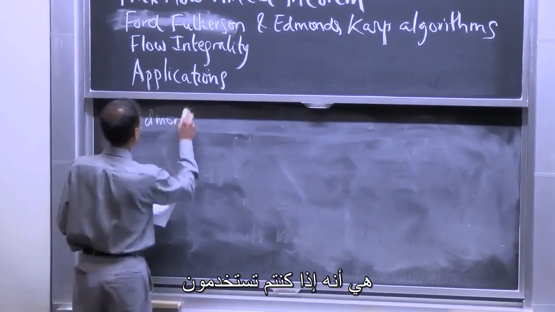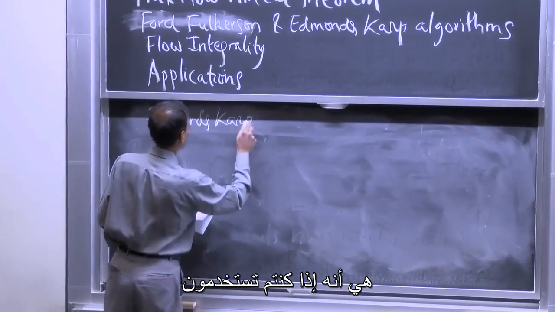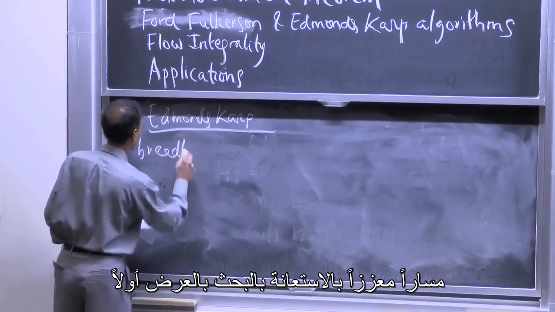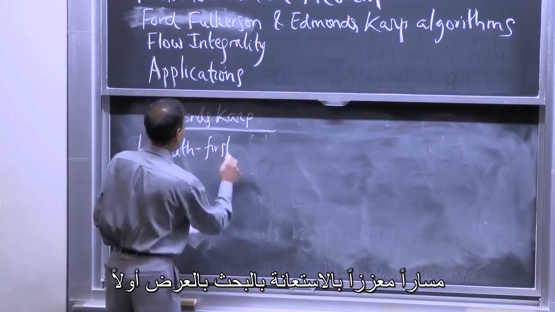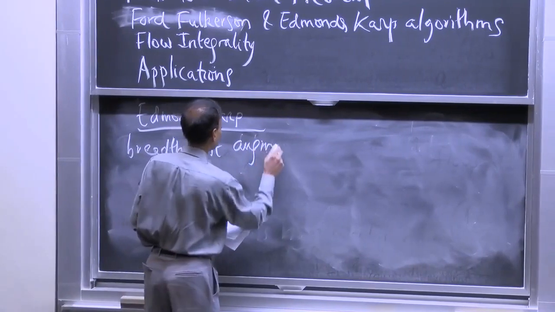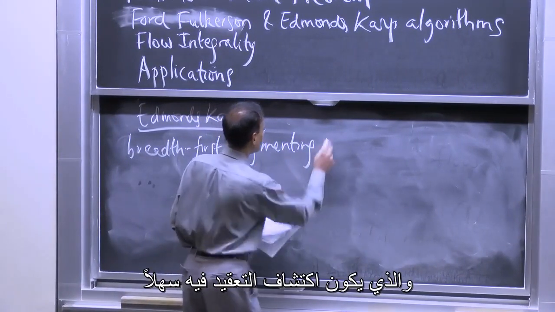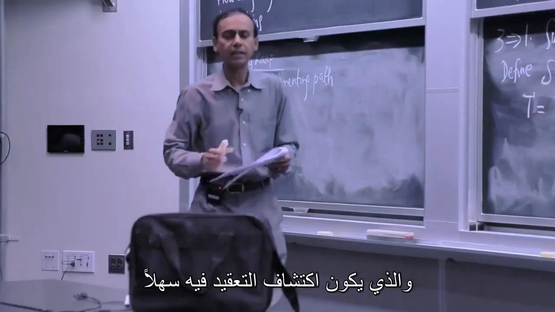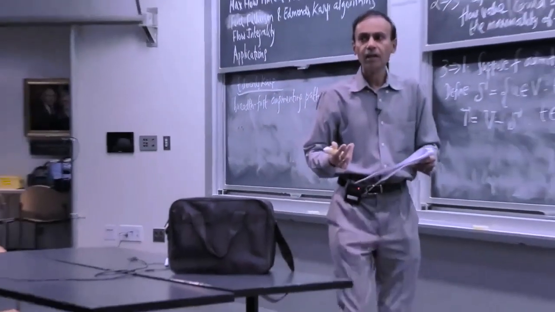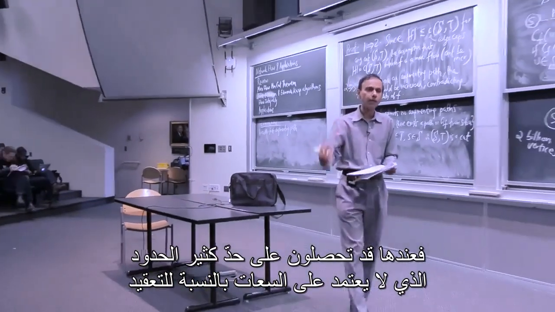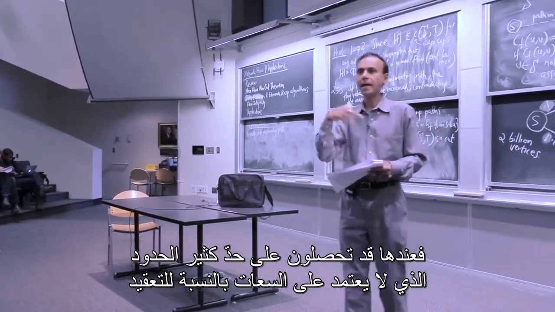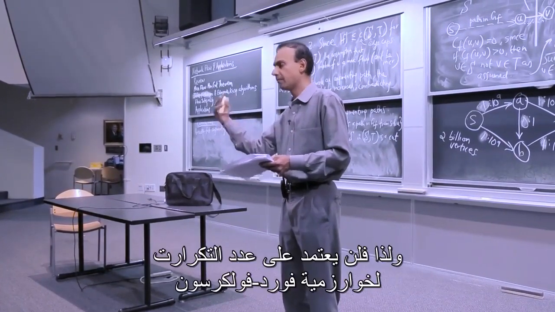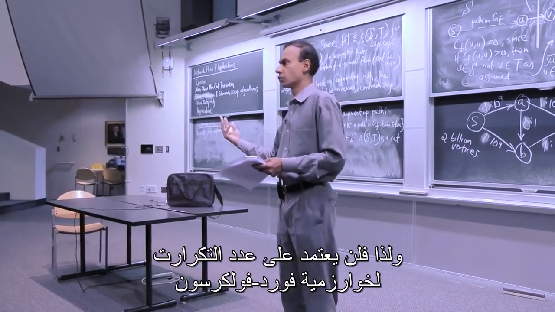But the Edmonds-Karp algorithm/analysis is that if you use a breadth-first augmenting path, which is obviously just as easy to discover complexity-wise as a depth-first path, then you could get a polynomial bound that did not depend on the capacities for the complexity and therefore iteration count of Ford-Fulkerson.